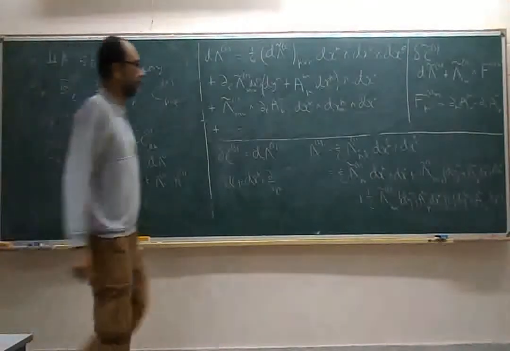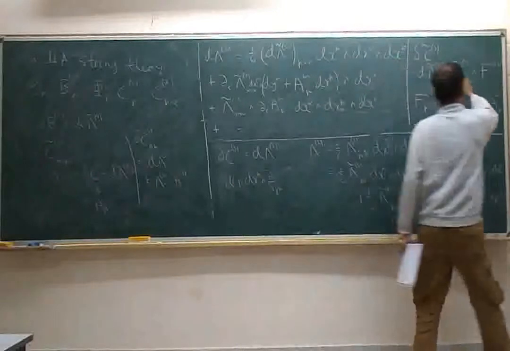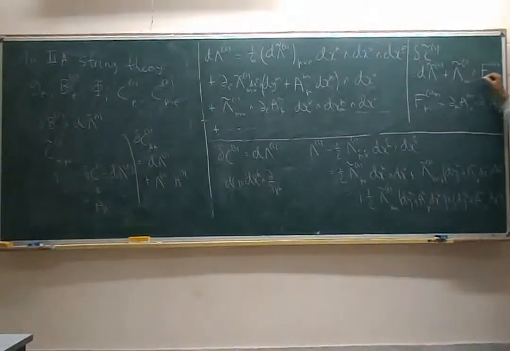This doesn't look quite alright, because this is lambda 1 wedge F2, not lambda 0 wedge H3.